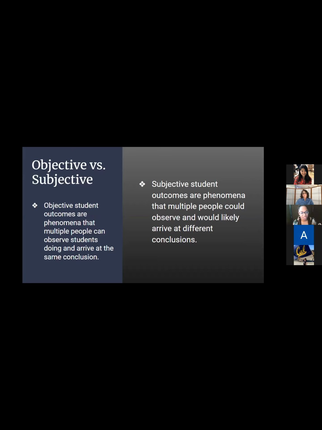So that begs the question that if data on the objective outcomes are considered irrefutable evidence and data on subjective outcomes can be a little more complicated and a lot less definitive, why does anybody bother assessing subjective outcomes?